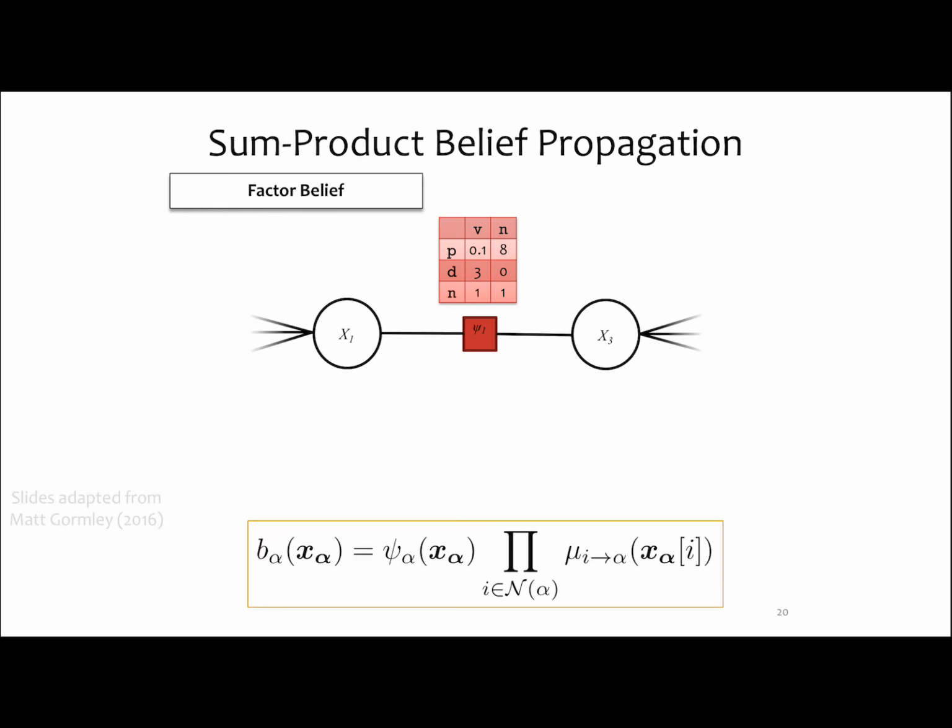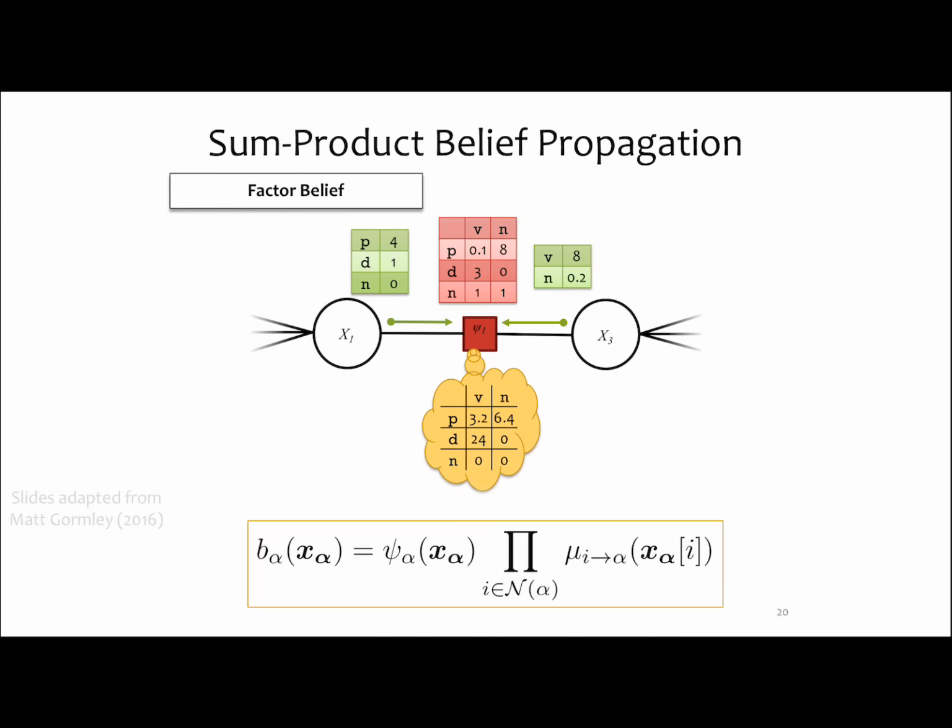The way it works is that, let's say I have two random variables. They don't have to have the same cardinality. For example, let's say x1 has 3 states and x3 has 2 states. So the joint function between x1 and x3 is a matrix of 3 by 2. The belief of the factor is the multiplication of all of the incoming messages multiplied by the factor that it has inside of it.